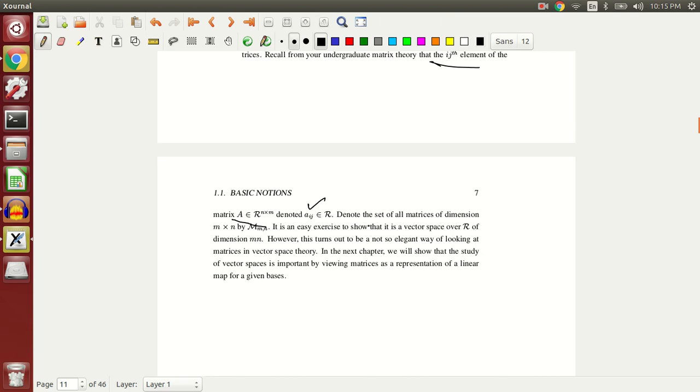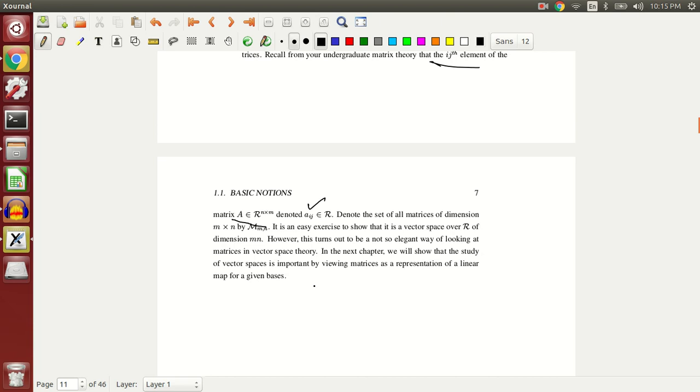It's a scalar element. Denote the set of all matrices of dimension m cross n. It is an easy exercise to show that it is a vector space over R of dimension mn. Okay, this matrix exists in a vector space of dimension mn, m into n.